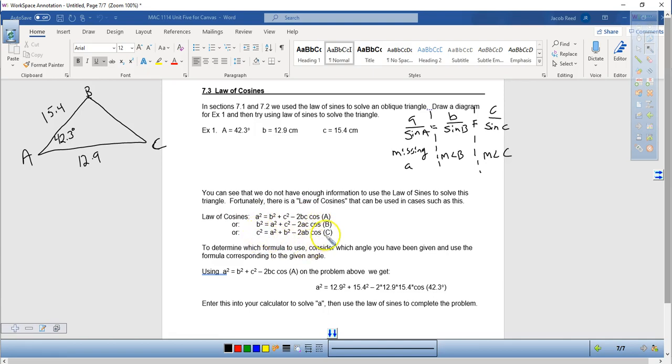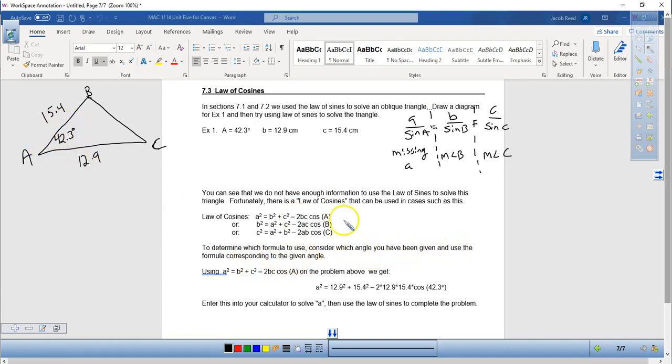Last one, C squared is at the beginning, C is at the end. It's a neat way to remember the construction of the formula. You've got the Pythagorean theorem, then the two letters, and then the letter you begin with is at the end. To determine which formula to use, look at which angle you have been given, and use that formula.